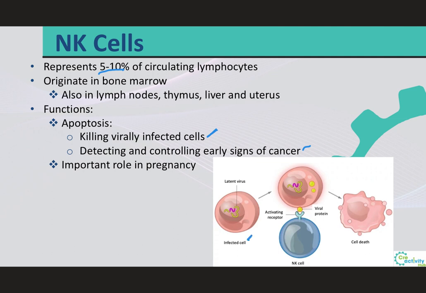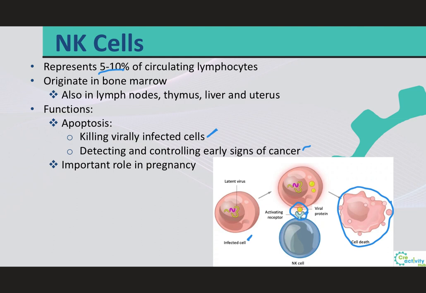The NK cell will recognize the antigen of the virus by activating the receptor that will send a signal to the infected cell for it to die by apoptosis, basically for the cell to kill itself, right? And this process is similar to what occurs in the cytotoxic T cell mechanism, which we have already discussed.